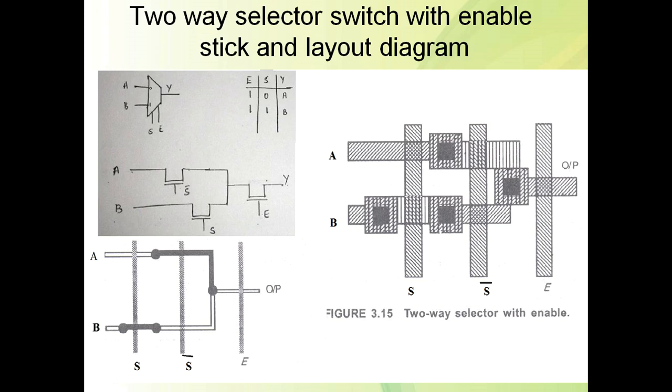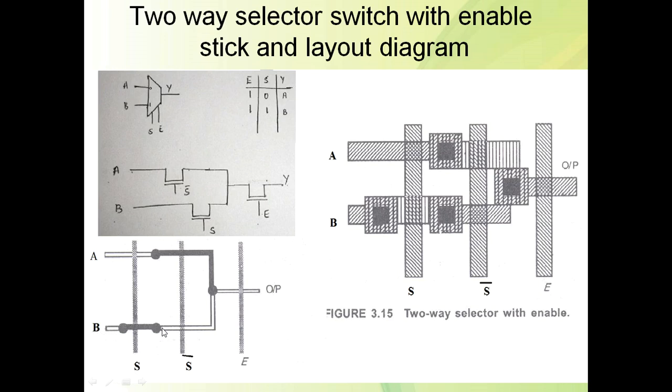The stick diagram for this is drawn likewise. To form this transistor we require n diffusion and poly. This transistor is formed by this n diffusion layer and this poly layer. This first transistor is formed, and this is your S select line. This is a diffusion layer, but this is a metal layer.